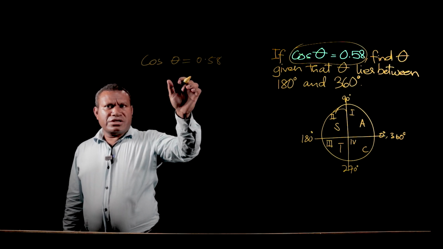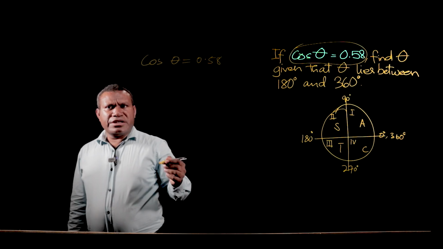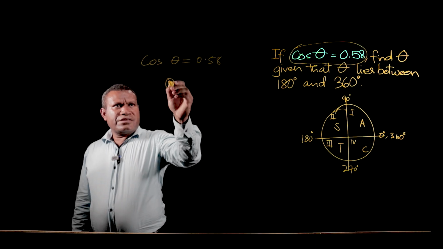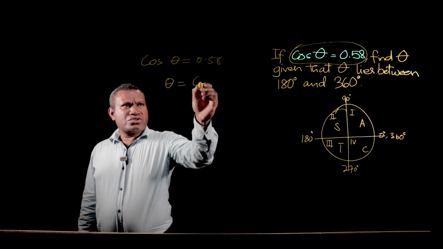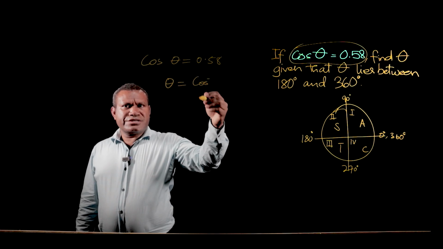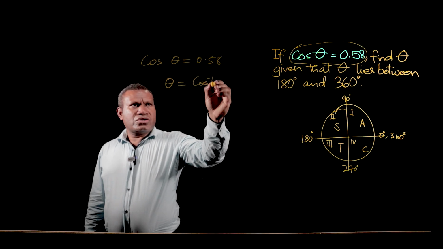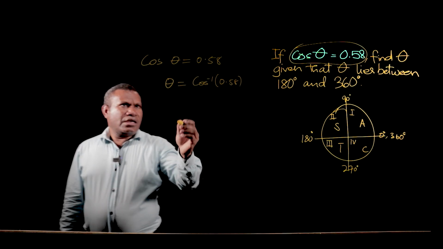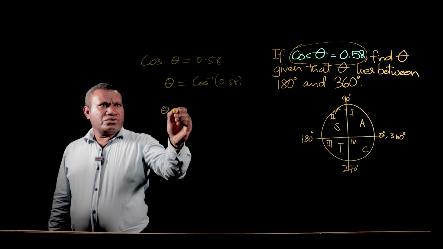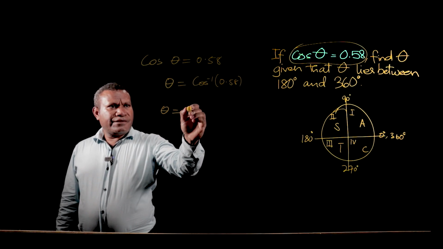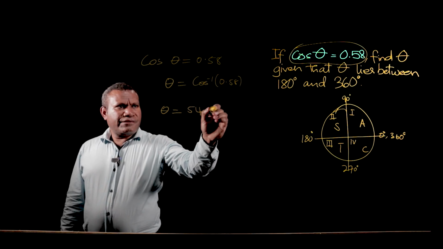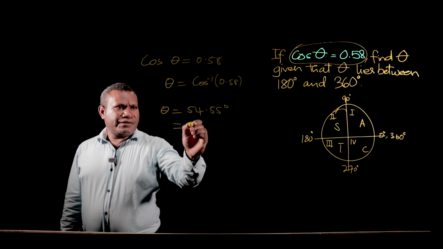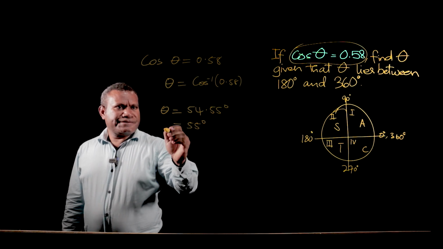Make sure that your calculator is in degree mode. So using your calculator, it will be shift cos, and then 0.58. And so theta will be equal to about 54.55 degrees. If you round it off to the nearest whole number, you get 55 degrees.